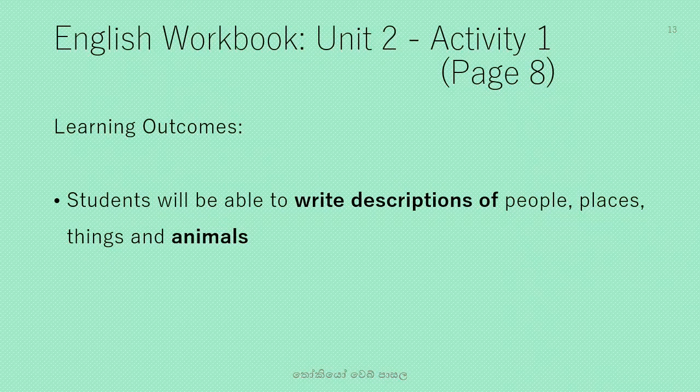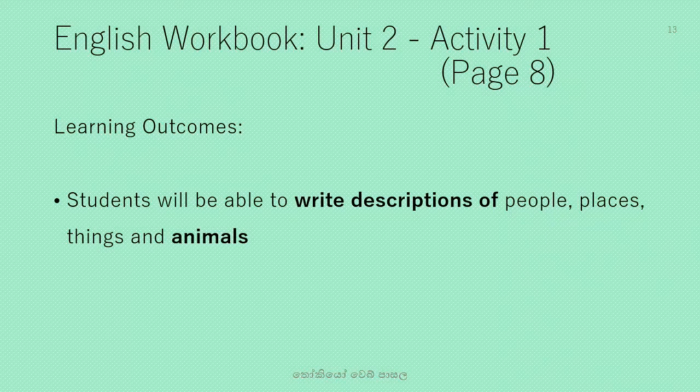The learning outcome is that students will be able to write descriptions of people, places, things and animals. So what do we mean by descriptions? That is something written in order to explain or give details regarding something. So we are going to write some information related to people, places, things and animals.